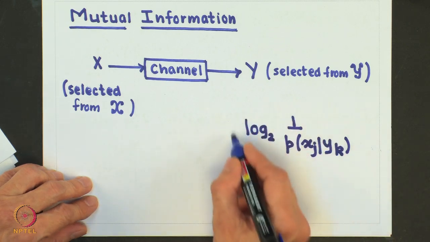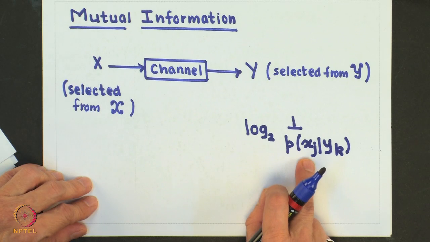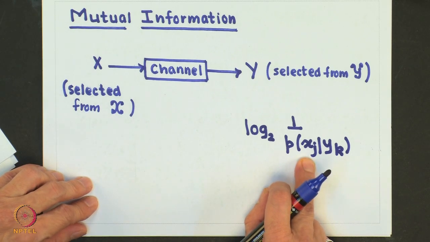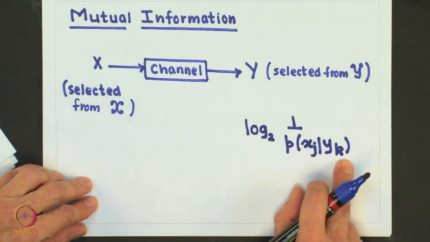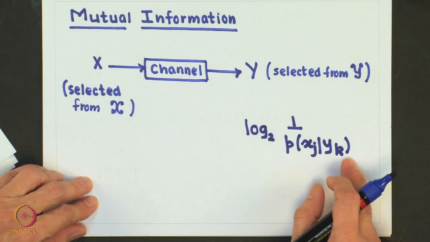So, this is the amount of uncertainty I have about a particular symbol in the input alphabet, given I have observed a particular symbol yk.